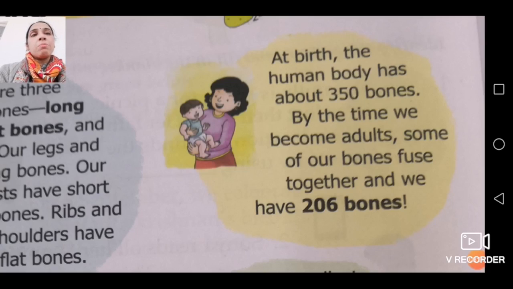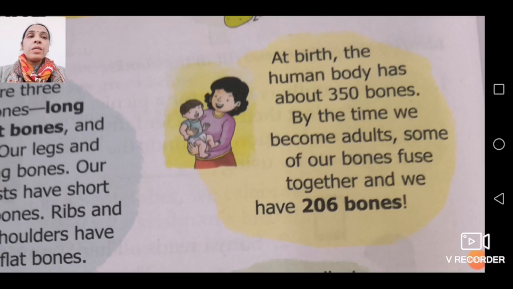At birth the human body has about 350 bones, that you all will remember. By the time we become adult, some of our bones fuse together and we have 206 bones.